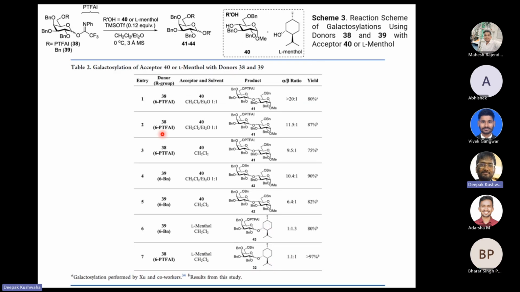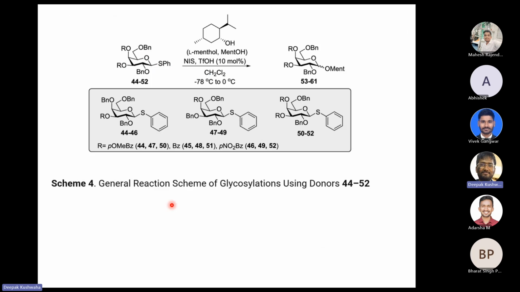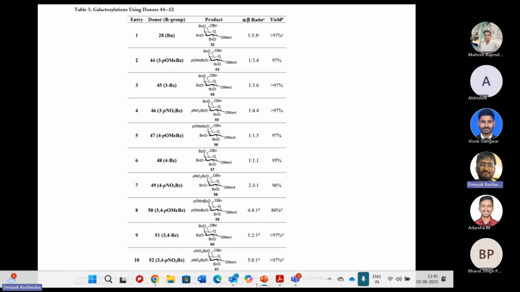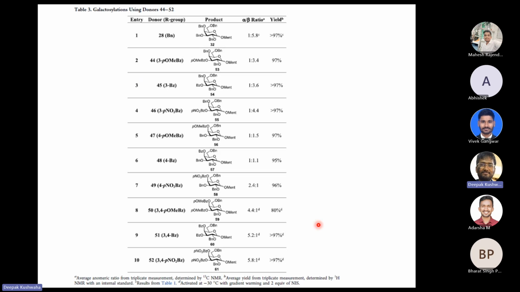Before going to C4, they try to show the role of different protecting groups other than benzoate, because they have cited two reports saying that the PTFAI group has some role. It is known to show some role, but that is also not showing much difference. So again they move to C4. In C4, the moment they go to a more electron deficient donor, the reactivity of the donor reduces too much, so they have to increase the amount of NIS and the temperature.